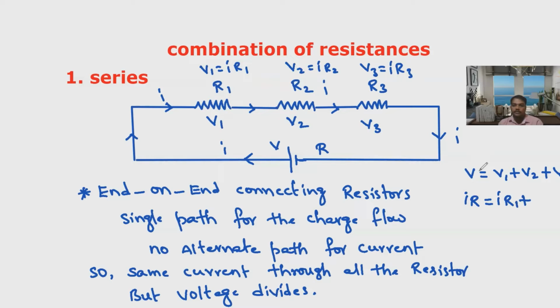So IR is IR1 plus IR2 plus IR3, that is I of R1 plus R2 plus R3. Finally, the resultant resistance in series combination is the sum of the individual resistances.